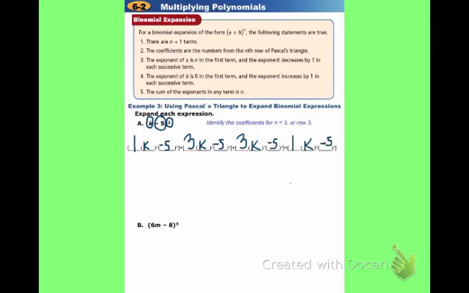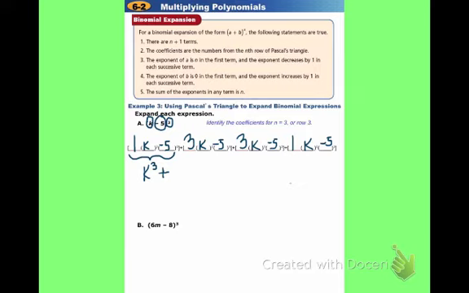And now by multiplying these out, we're going to get our final polynomial. If I multiply 1 times k to the third times negative 5 to the 0, negative 5 to the 0 is 1, so that's really k cubed. The next term is found by taking 3, multiplying it by k squared, and then by negative 5 to the first.